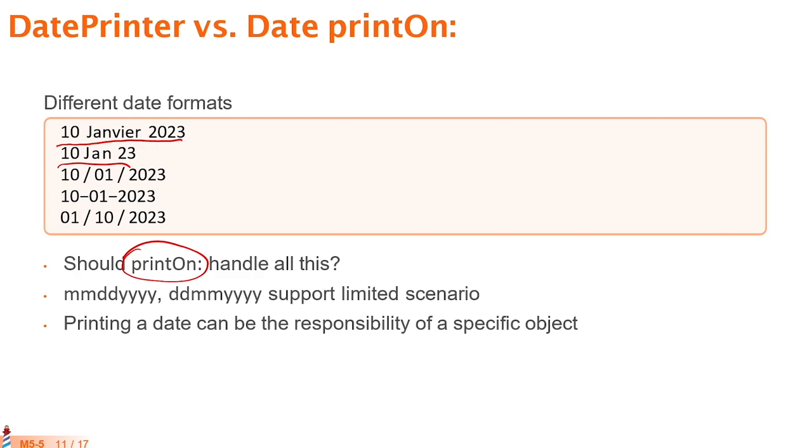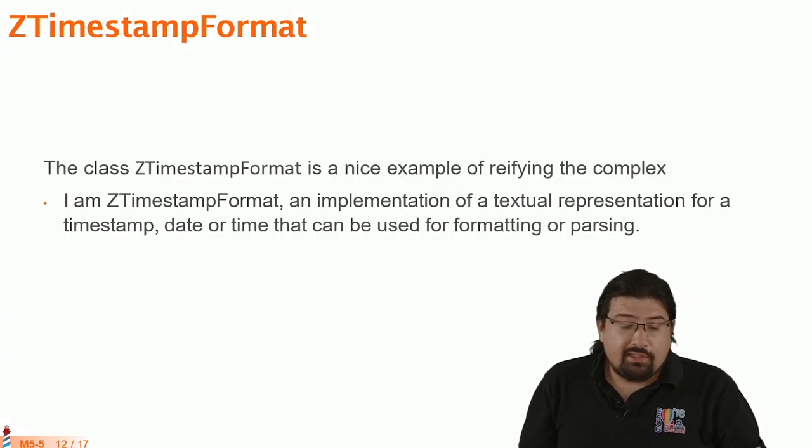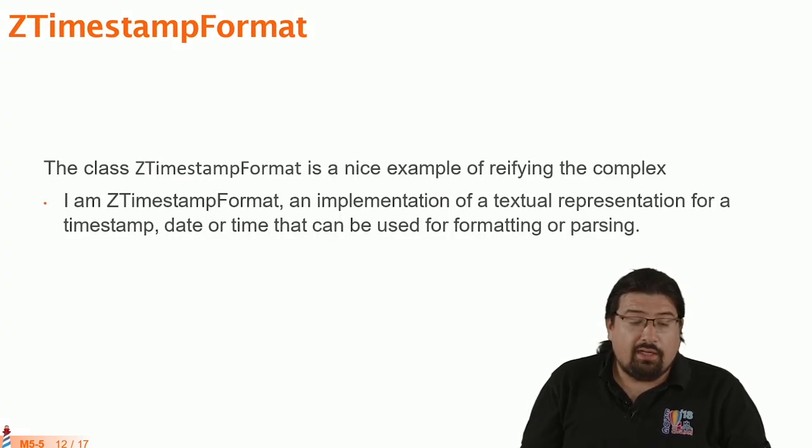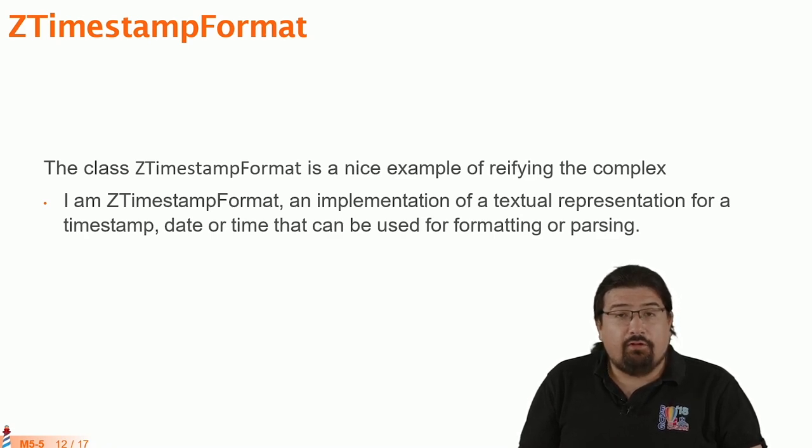Or we will have to have an explosion of different printOn methods, or different ways of configuring it with arguments. So what we want in this case is to have an object that represents the date printer and that we can configure in the different formats. This object exists, and we have a more complex example, which is the timestamp format.